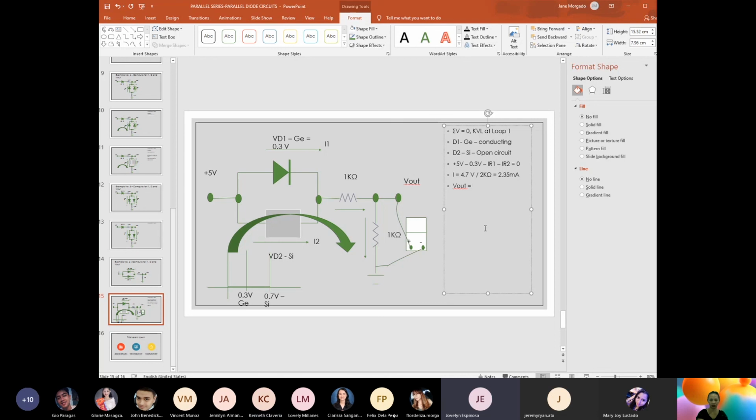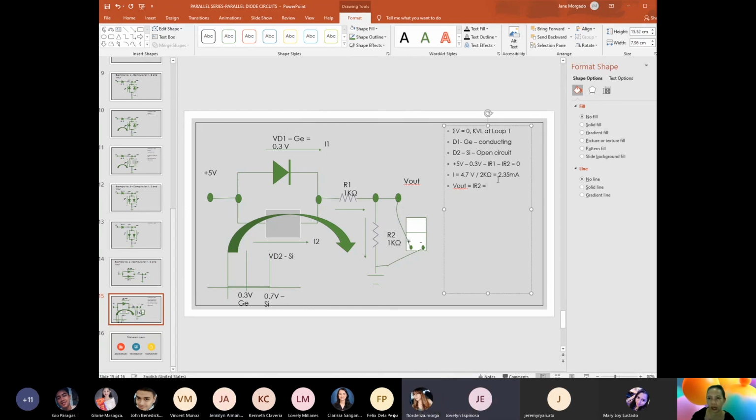V out is equal to? V out is taken across R2. Therefore, by Ohm's law, voltage is equal to IR. So IR2.